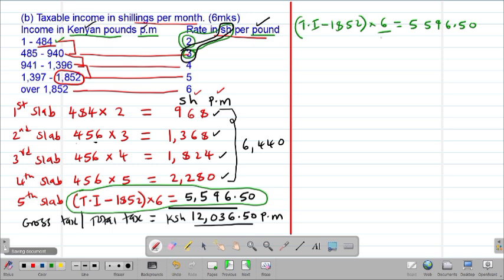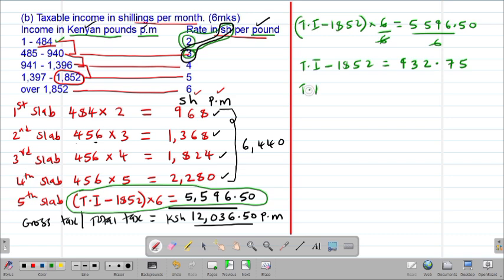So of course I'm going to divide through by 6 on both sides of the equation, so that I remain with the taxable income minus 1852 being equal to 5,596 and 50 cents divided by 6. Your calculator should give you 932 shillings and 75 cents.